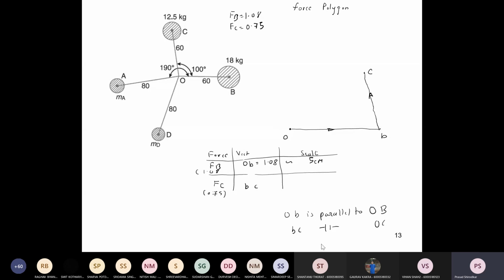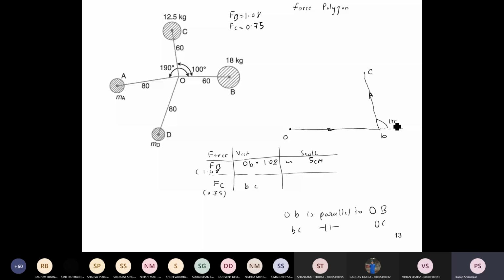Are you finished up till this one? How many are still doing the second step of the fourth polygon? Please raise your hand. Those are not finished till BC. So BC will be this will be 110 degrees.